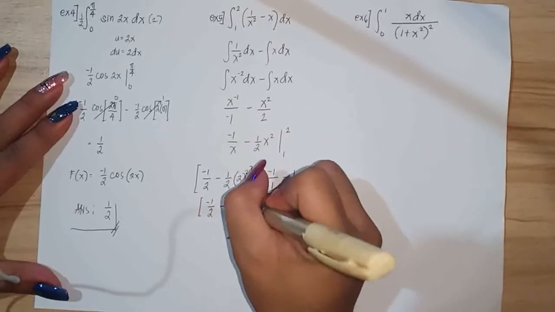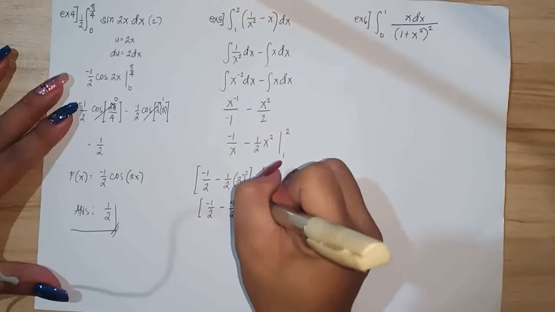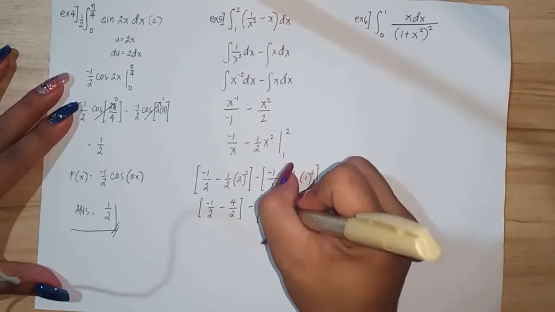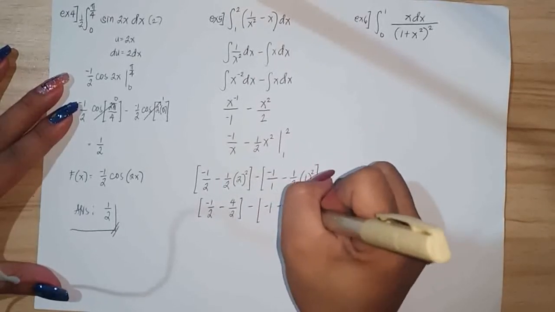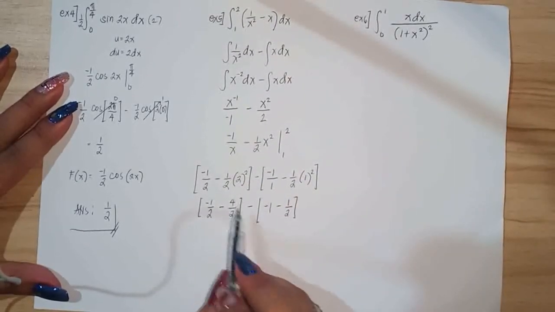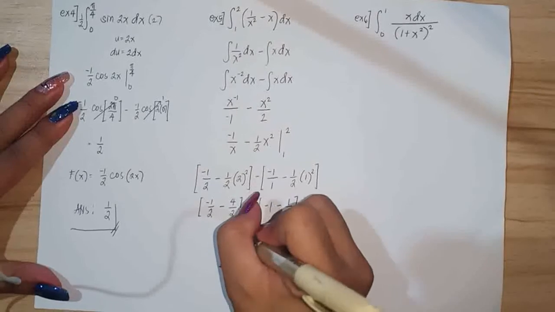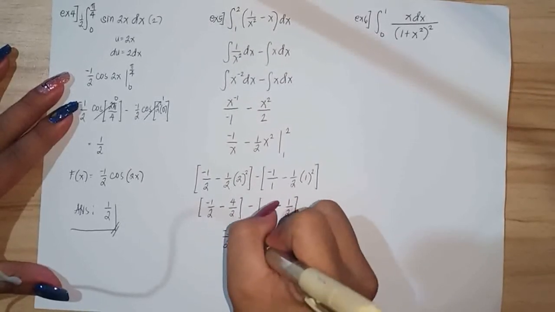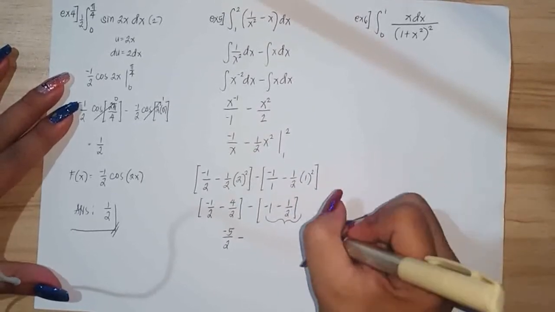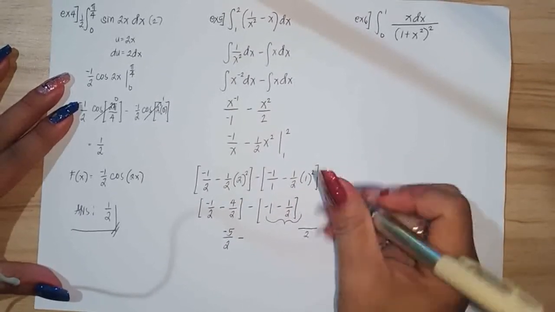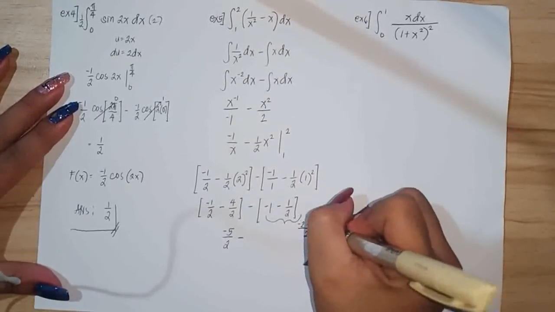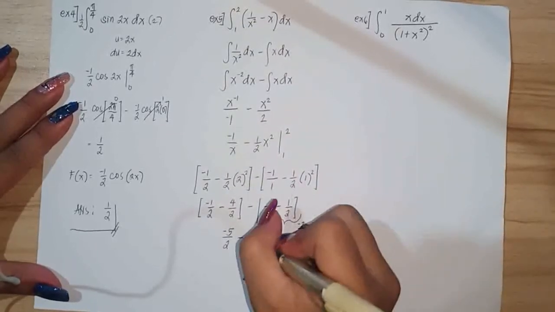So that's minus 4 over 2. Minus, that's negative 1 minus 1/2. So you will have negative 1 minus 4. That is negative 5 over 2. Then minus, simplifying this part, that is over 2. So that will be 2 times negative 1, that's negative 2, minus 1, so that's negative 3/2.